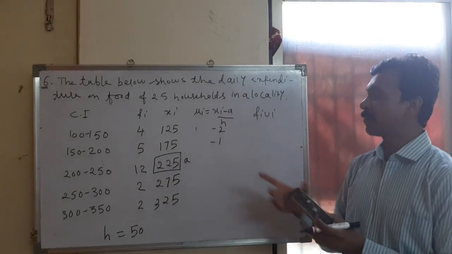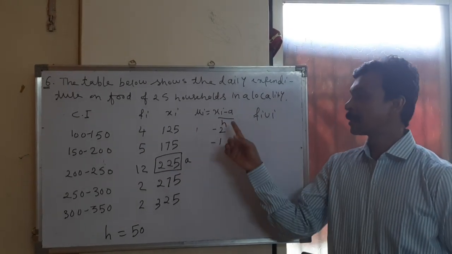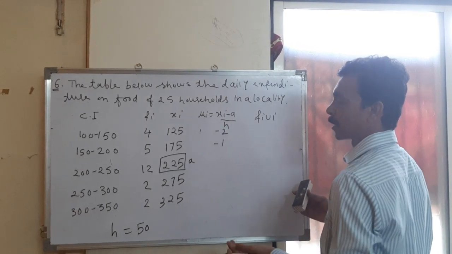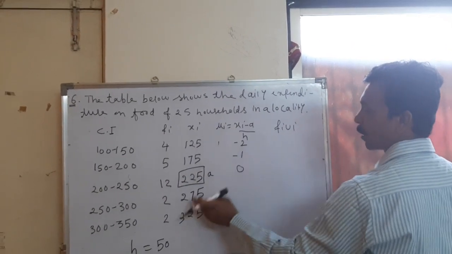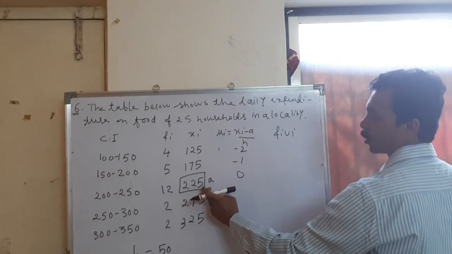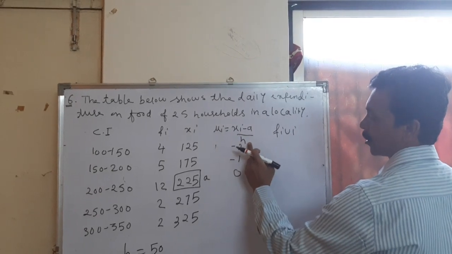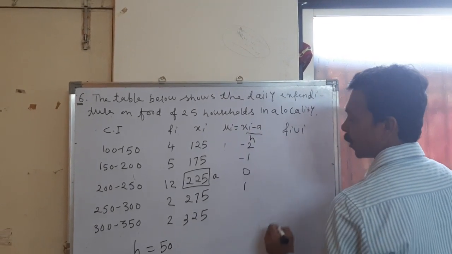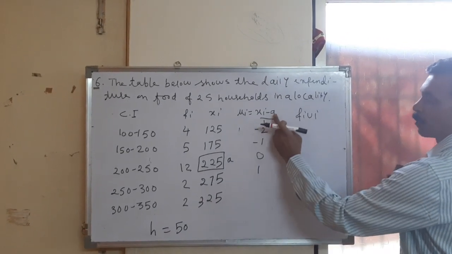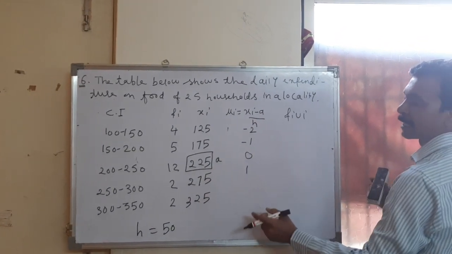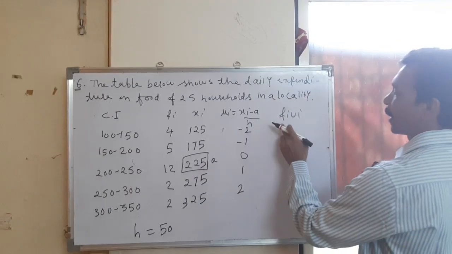So 225 minus 225 is 0. 0 upon 50 is 0. Now next ui. 275 minus 225 is 50, upon h is 50. So it will be 1. Last ui is equal to xi is 325 minus a is 225. That is 100. 100 upon height 50 is 2.